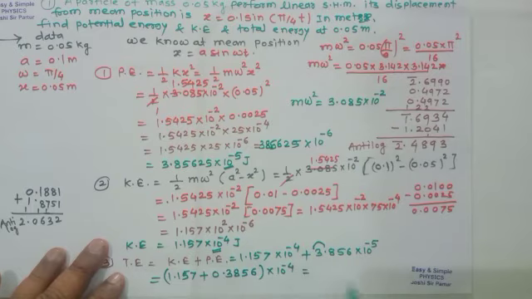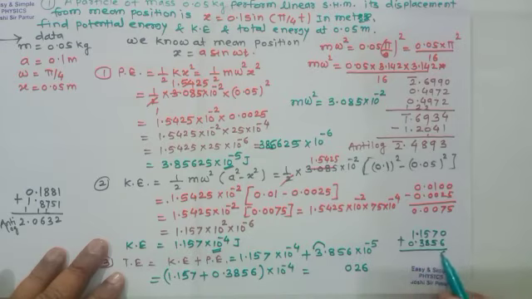Their addition will be 6, 5 and 7 will be 12, 1 is remaining, 8 and 1 will be 9 and 0, 10, 1 is remaining. Here 1.1570 and 0.3856.